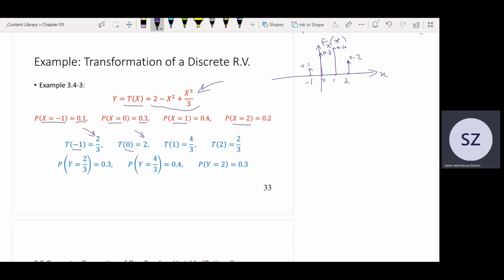When X equals 1, 2 minus 1, which is 1, plus 1/3, so it's 4/3. And when X equals 2, 2 minus 4, which is -2, plus 8/3, which is 2/3.